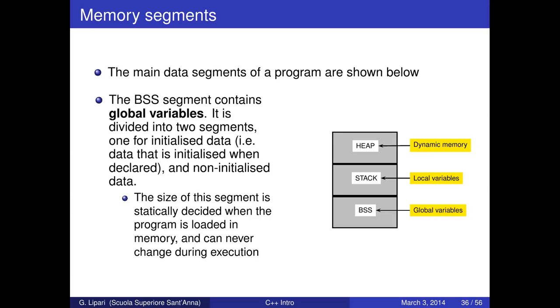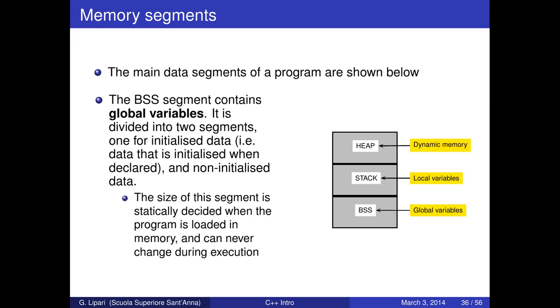In the memory of a program, you can distinguish 3 different types of segments. The global variables go into the BSS segment. I don't remember the acronym for BSS anymore, but it's basically the global memory, where global variables go. Okay?